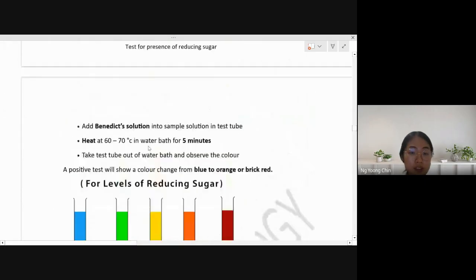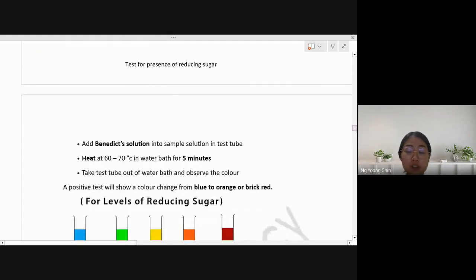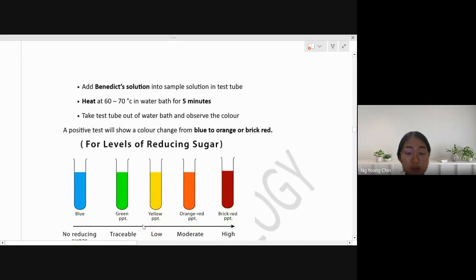Whenever you want to conduct this Benedict test, you should heat up the solution in the water bath for 5 minutes. Then you insert the sample inside the solution, and you can observe the color change. Slowly you can observe the change in color from blue to green, then to yellow, then to the brick red precipitate.